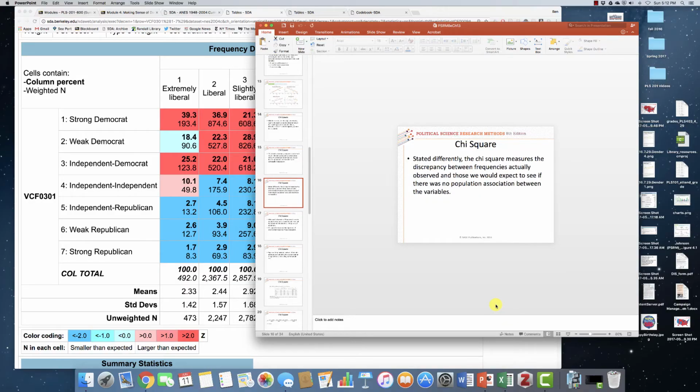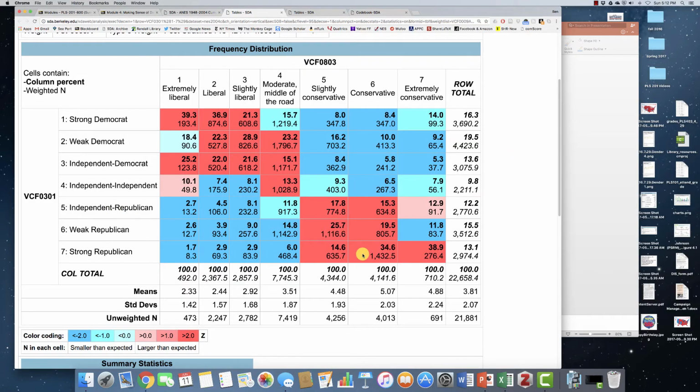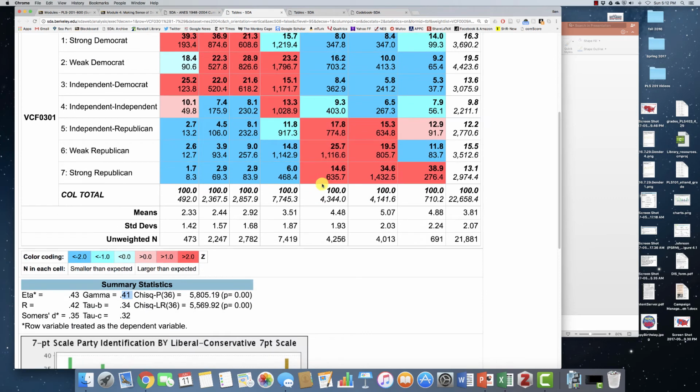So let's go back to our example over here. So this gives us a chi-square statistic. When we go to the back of the book, there's a chi-square critical test table back there.